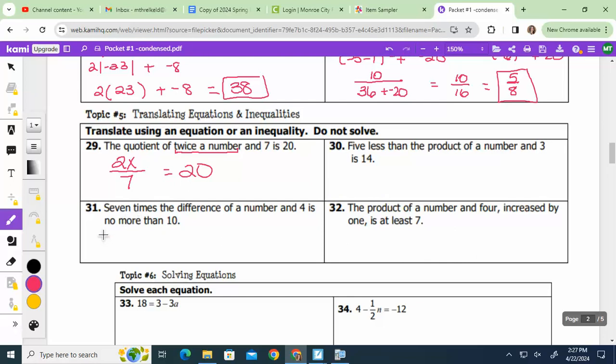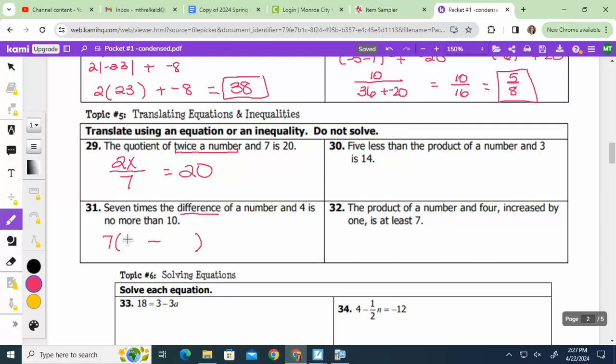7 times, so we're going to be multiplying by the difference. What does difference tell us? Alright, so I have 7 times, but then in my parentheses I have to subtract things. The difference of a number and 4.